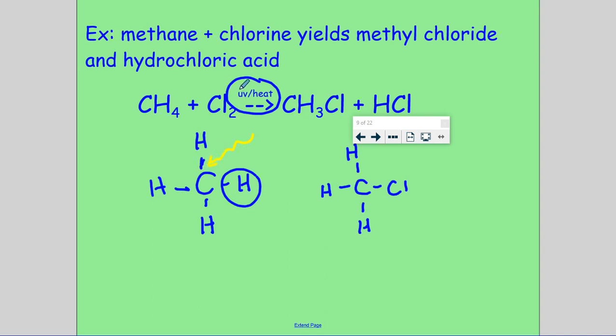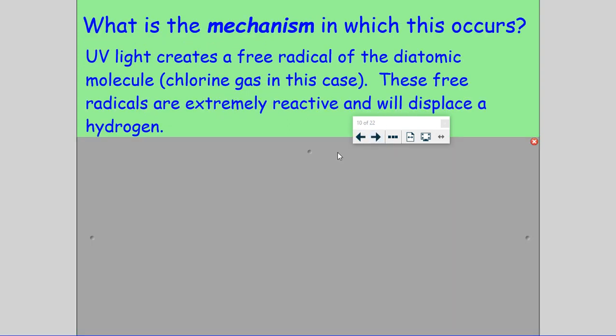And you can't tell UV light just to please only hit this one site. Instead, it can interact with any of these bonds, so it's non-site specific. That means you get a multiple number of possibilities in terms of product.